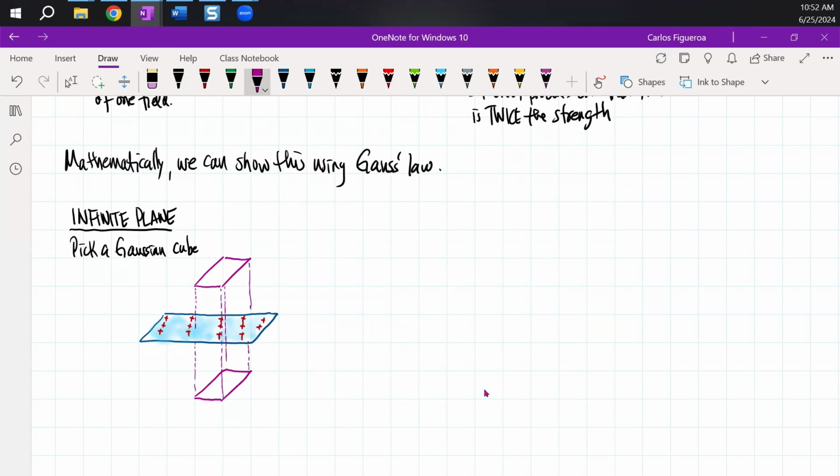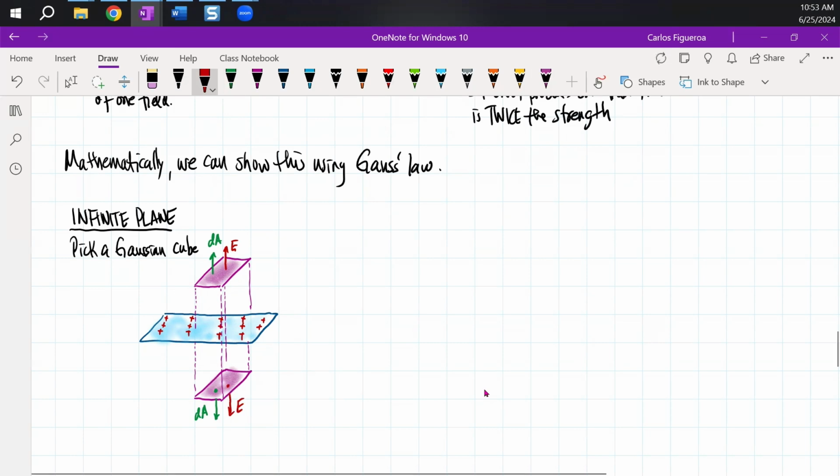So when I'm looking at the E field for this, I have two faces that I'm seeing. I have my area vector like this and then like that, and my field is coming out like this, and it's also coming out like this.